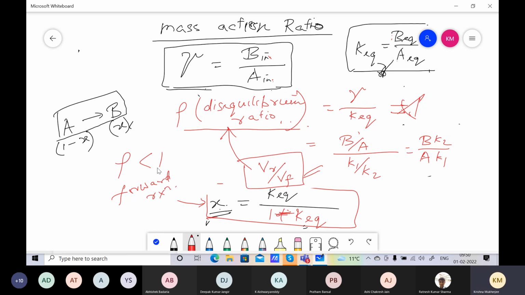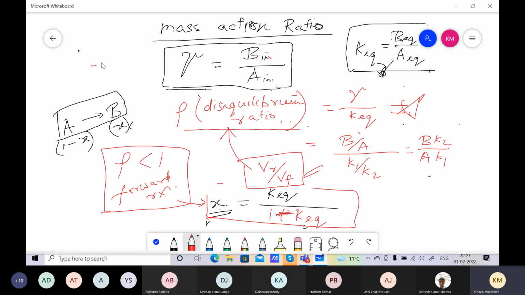When the disequilibrium ratio VR is less than VF, forward reaction is happening. This is the normal situation. The value of B is small, the value of A is large, and so the disequilibrium ratio is less than 1, and so forward reaction is taking place.